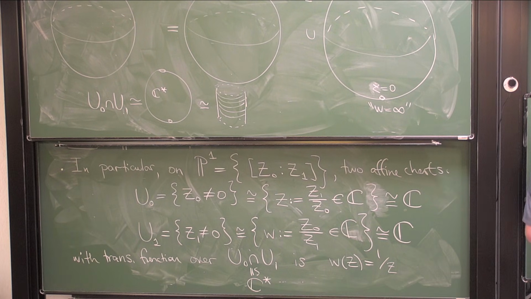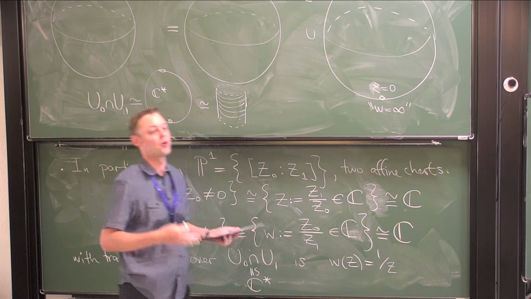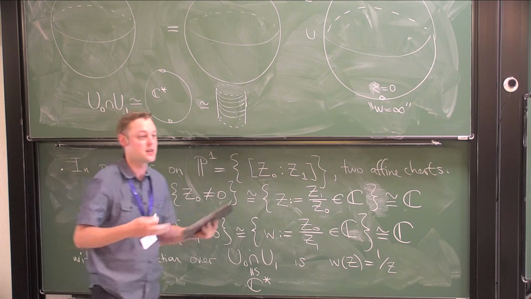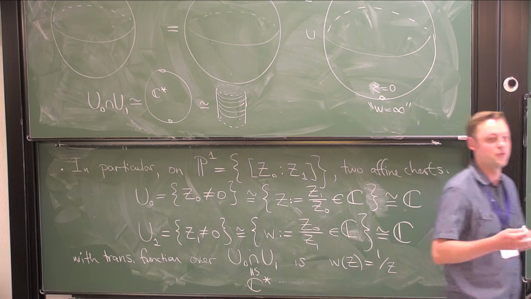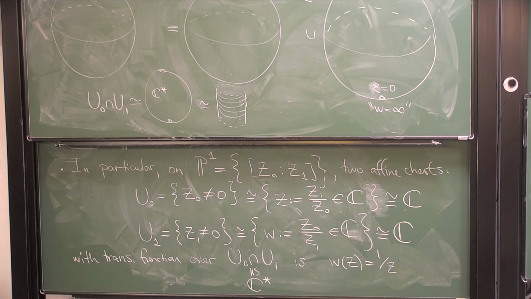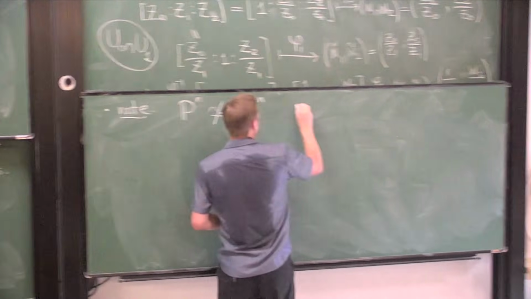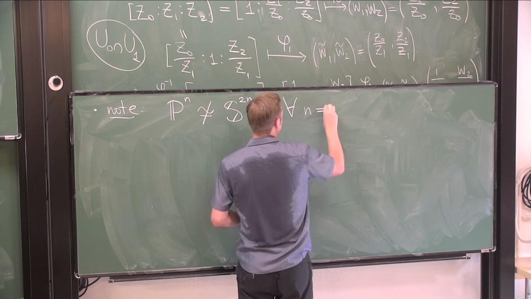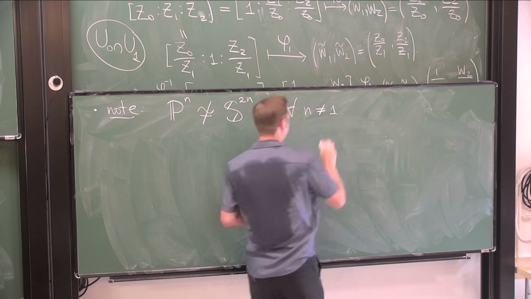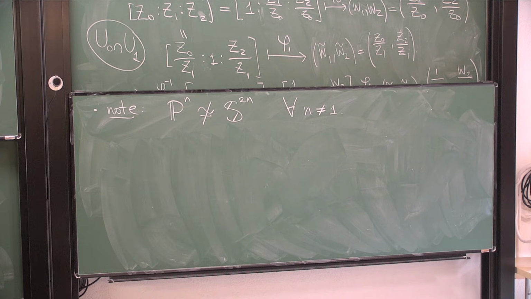So the fact is that if I look at any other projective space, your initial guess might have been P2 is homeomorphic to the 4-sphere or something like that. But that's not so, for all n not equal to 1. So it's not an obvious fact.